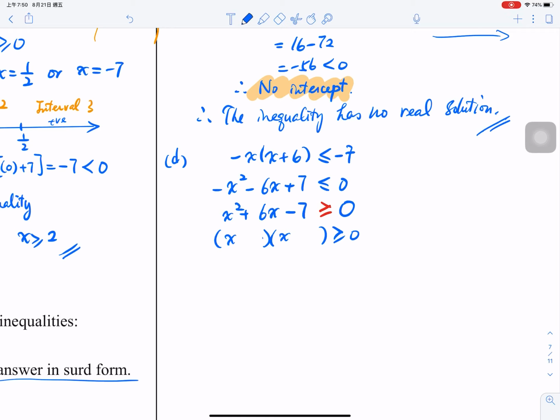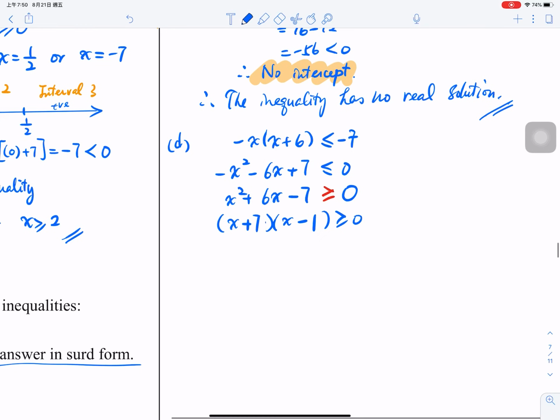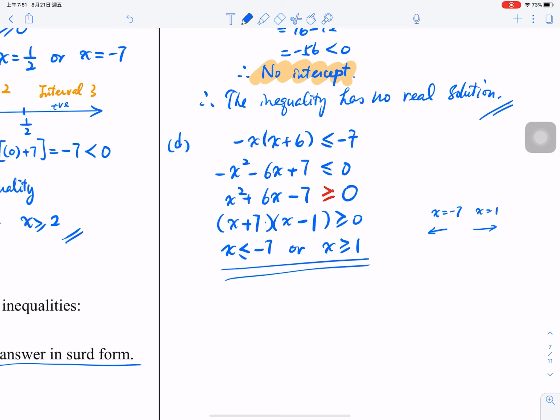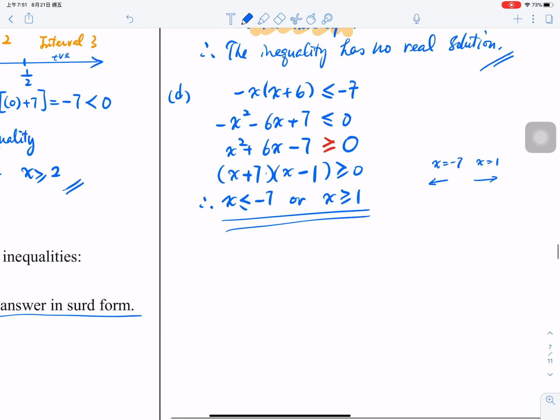Okay, this one negative 7? No, it's positive 7 and then minus 1. Right. So the values of x are negative 7 and 1. This time greater than or equals 0, that means two sides. So x smaller than or equals negative 7 or x greater than or equals to 1. This is the solution of this inequality.